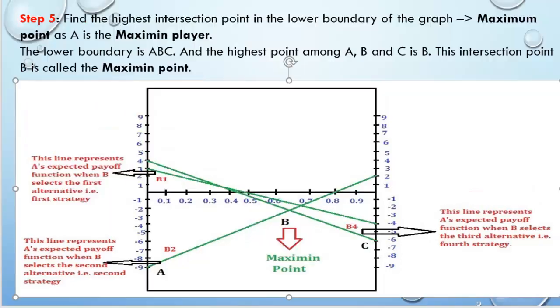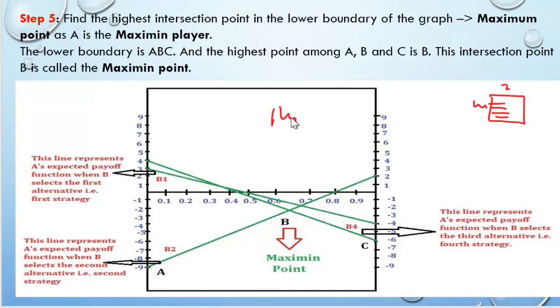Now, step 5 is we find the highest intersection point in the lower boundary of the graph. If it is a 2 into n matrix, or if it was its inverse, that is an m into 2 matrix, that is, if we have 2 columns and many rows, that is m into 2, then we see the higher part.